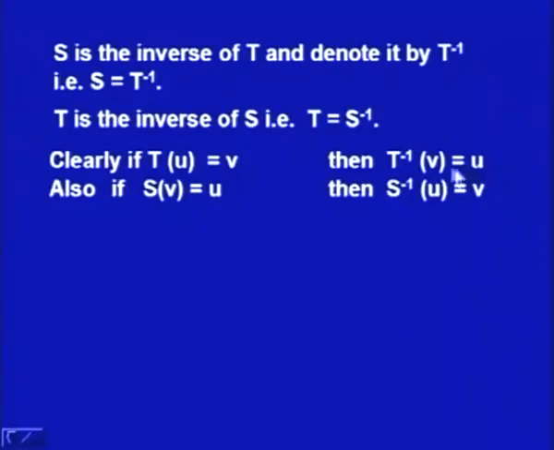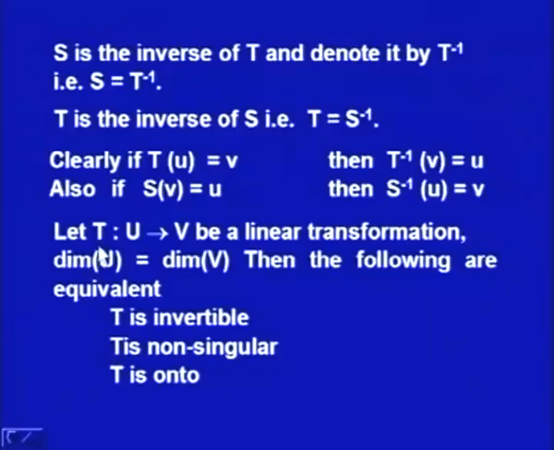As we said, T inverse will nullify the effect of this transformation, it will take it back. So, we apply T on u, it will become v, but T inverse will take it back from v to u. Also, if S v is equal to u, then S inverse u is equal to v.